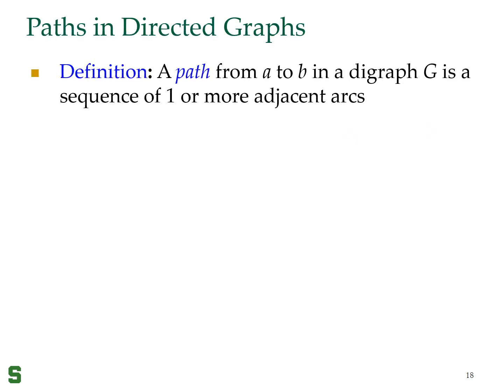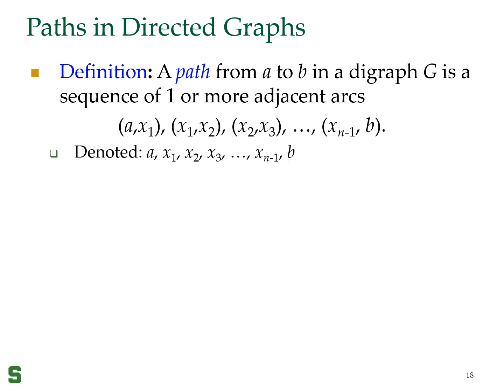So here is a problem. You are given a graph and you would like to know whether two vertices in this graph are connected to each other. Now, what is a path? If I wanted a path from A to B, that means I have to start from A, I have to connect to some vertex x1, then x2, then x3, and so on.